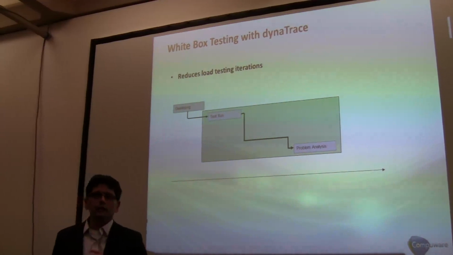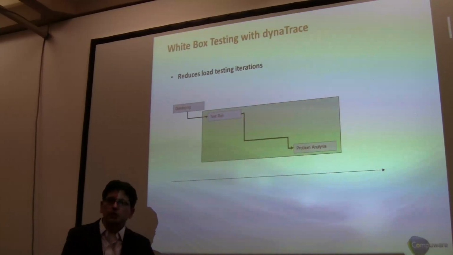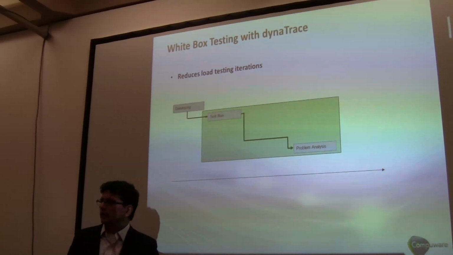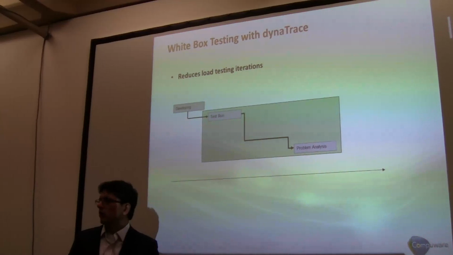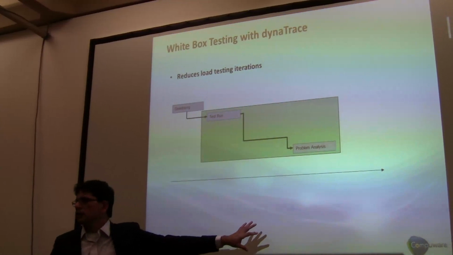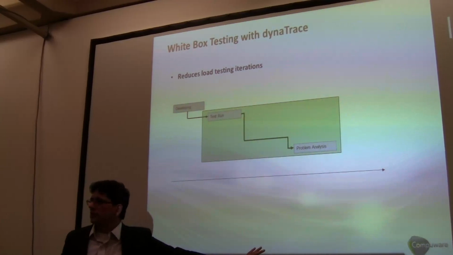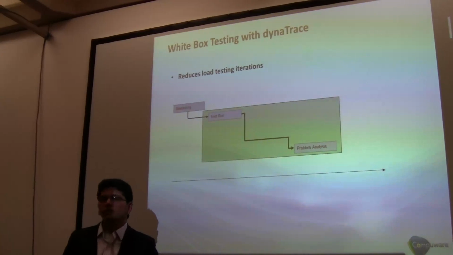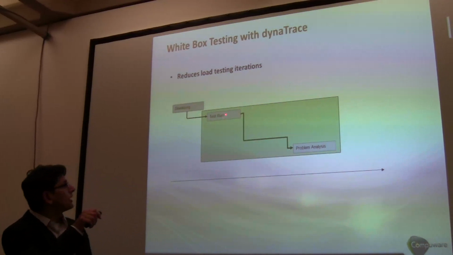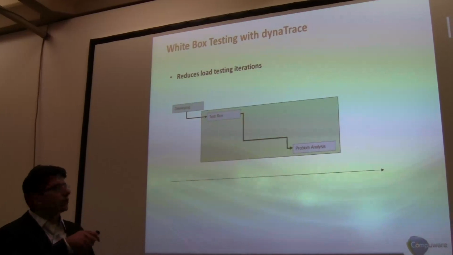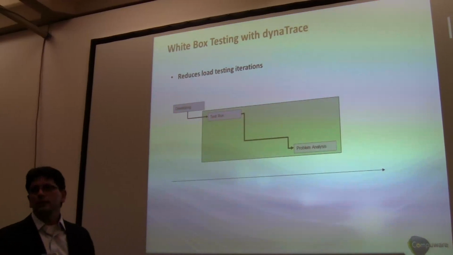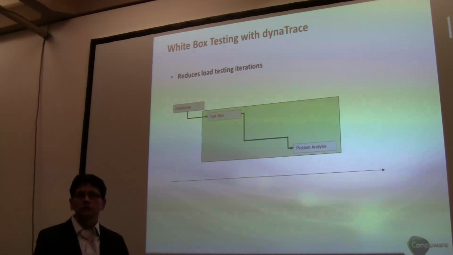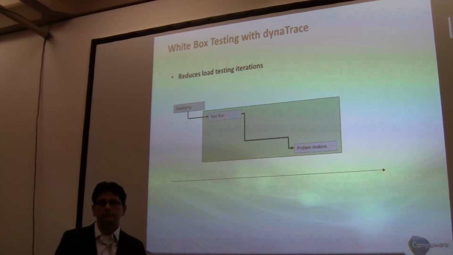So it's no longer the case that when you send this data over to the development team, they are making a guess on what could have gone wrong. All the information on what has gone wrong performance-wise is captured. They can quickly look at that and quickly fix the code. So the idea is that you do a test run, you send the data, you fix the code, and you do one more test run and you're done. You don't have to go through iterations because there's no guesswork here.